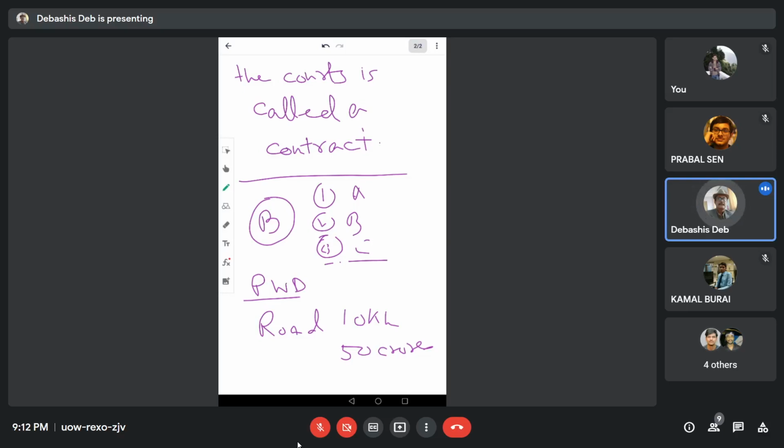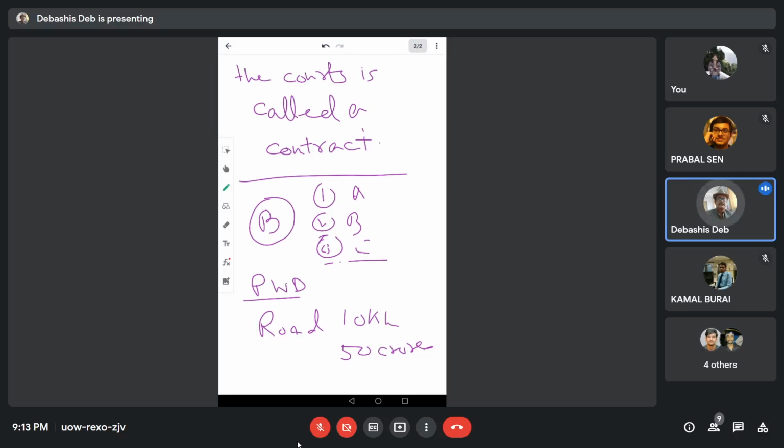In the reverse sense, say he obtained only 10 crores, he did the entire road of 10 kilometers. He is supposed to get another 40 crores, and I was not willing to make the payment. So he must go to the court. In this case, the agreement should be enforced through the court of law. So in this particular case, we'll be terming the agreement as a contract.